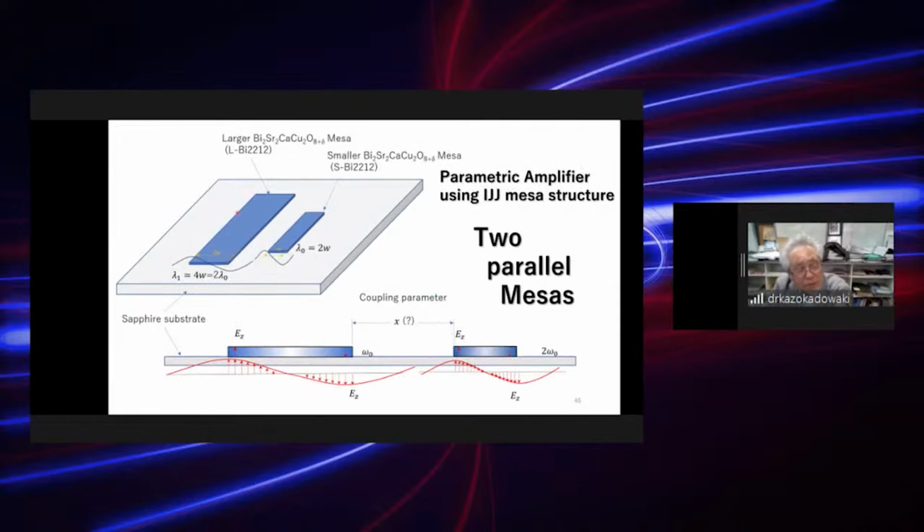Another arrangement is to put two of them in a row, a small one beside this larger one, like this. Then we couple the two of them electromagnetically and induce the parametric effect. And this may also work.